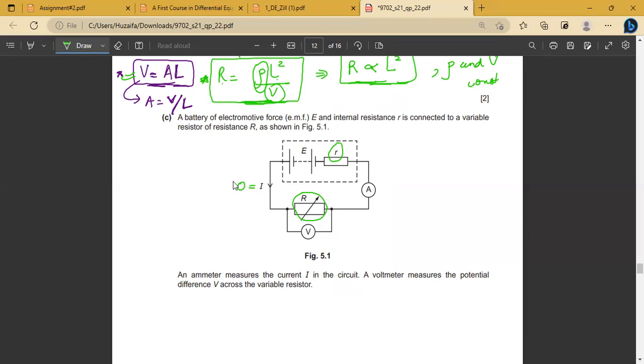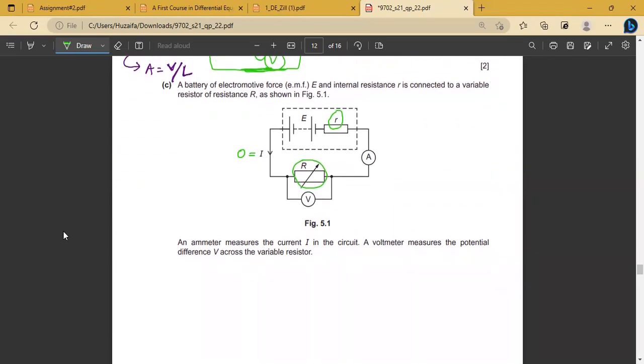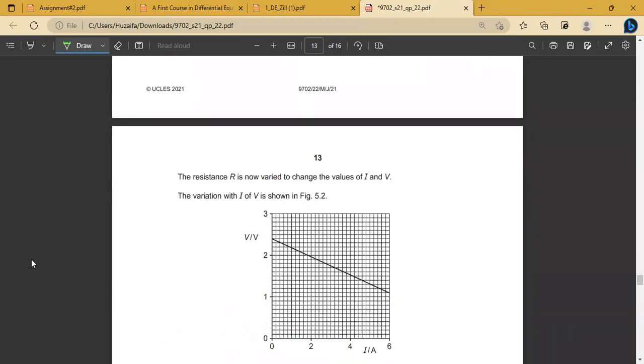So whenever there is a current of 0 in my circuit, I can find the EMF of the battery by simply connecting a voltmeter across it. If you take a battery and connect a voltmeter across it, the voltmeter will tell you the EMF of the battery. When the circuit is not complete, you can find the EMF by connecting a voltmeter across the battery.